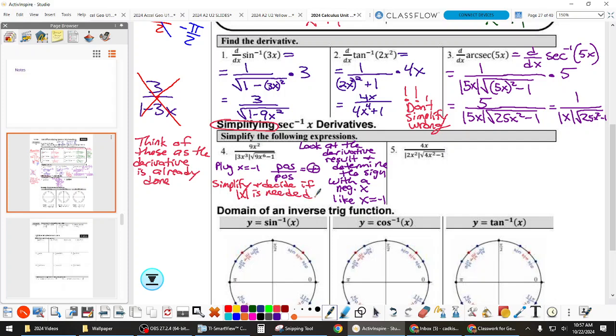Okay. So if we simplify this, what all can be simplified? So 9 over 3 would be 3 at the top. X squared over x cubed leaves an x down in the bottom. Leave the absolute value off for now. And then we can't touch this. Okay.